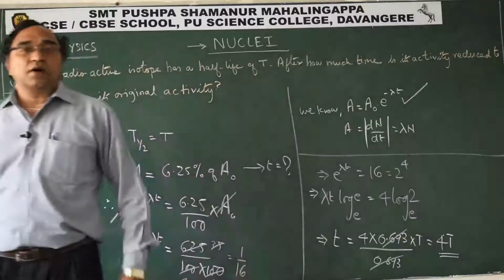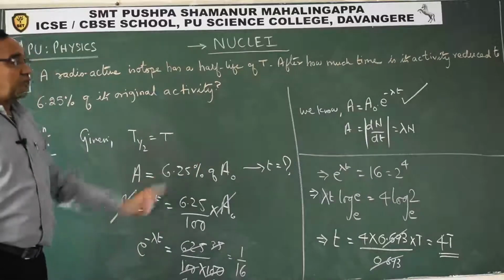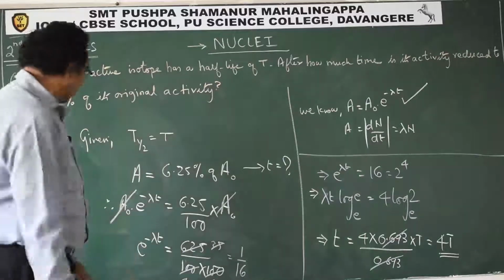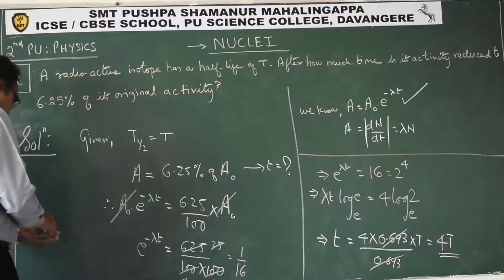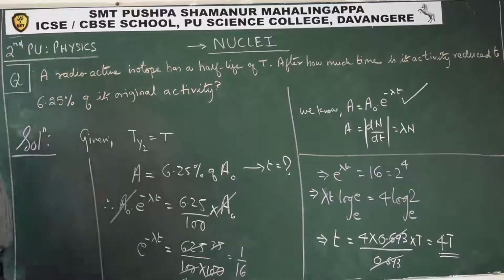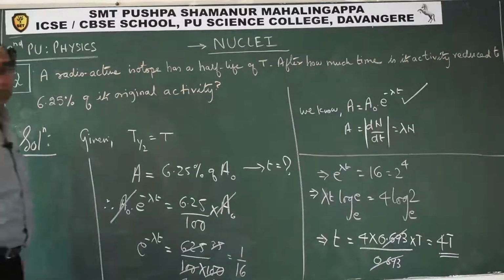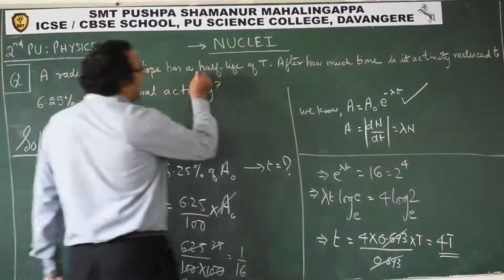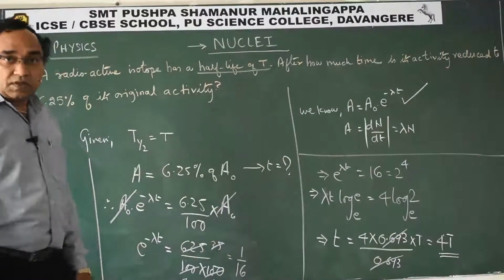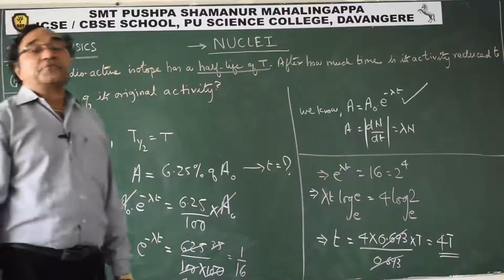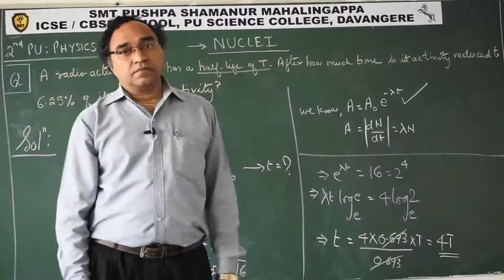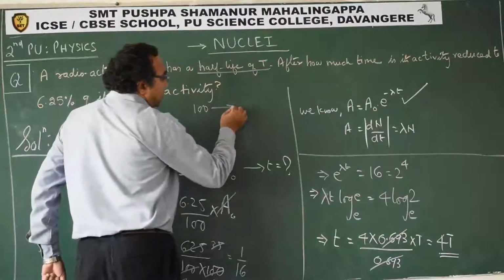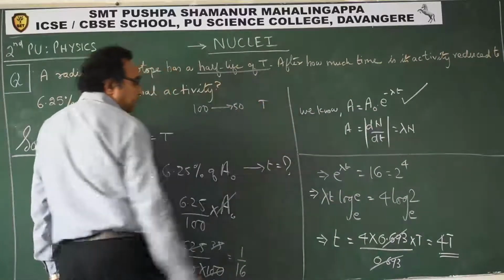This is how we can work out from the equation. There is also a shortcut for this. What is the shortcut? See, clearly it says half-life is T. This means if I am starting with 100%, in one half-life, to become 50, there is one half-life.